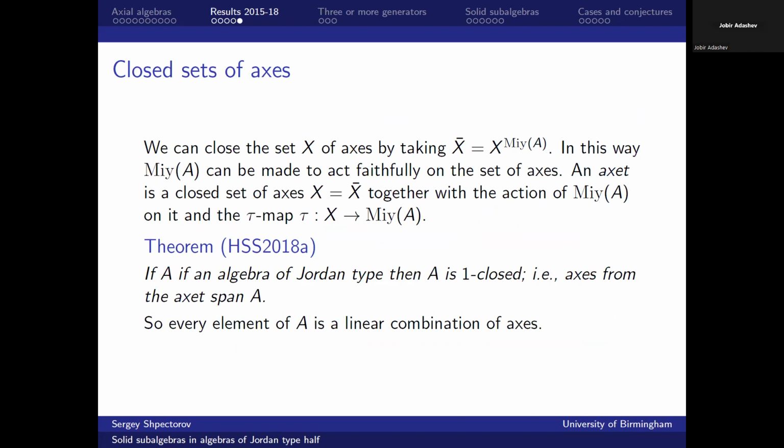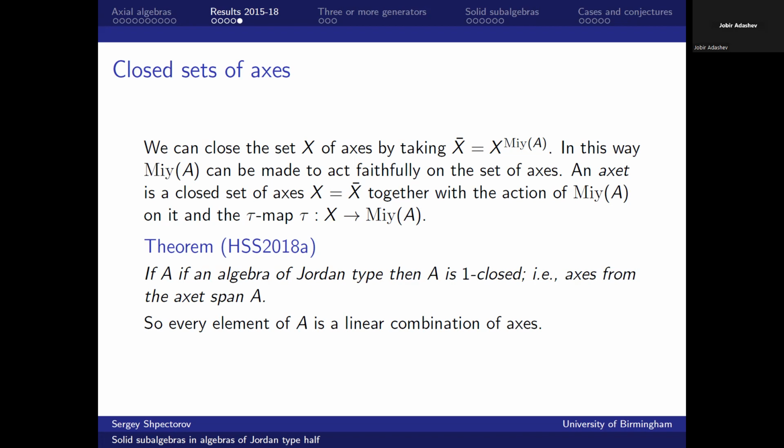Another relevant fact that I need to mention is that if you have an axis and you have an automorphism, if you look at the definition of the axis, if you apply an automorphism to an axis, you again have an axis. So you can start from your small initial set of axes, and then apply automorphism groups and get a lot more axes.